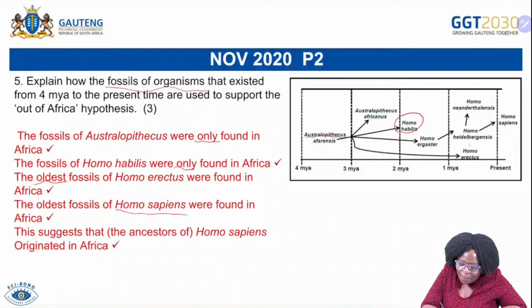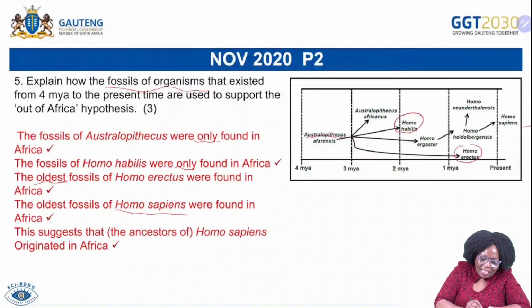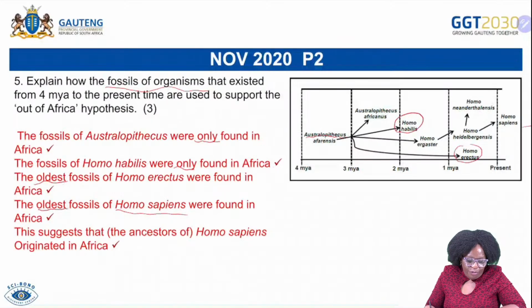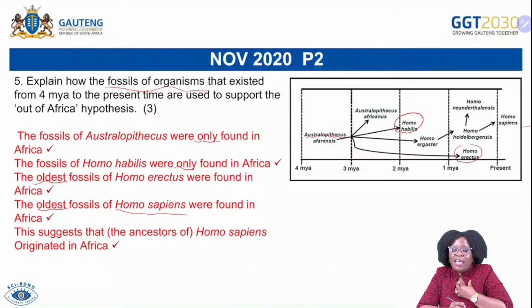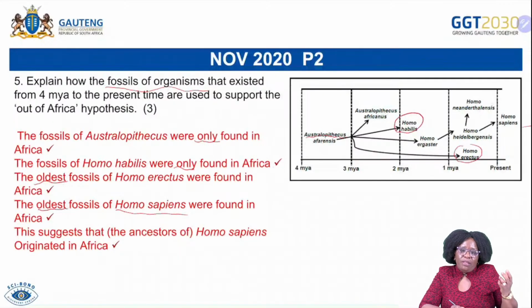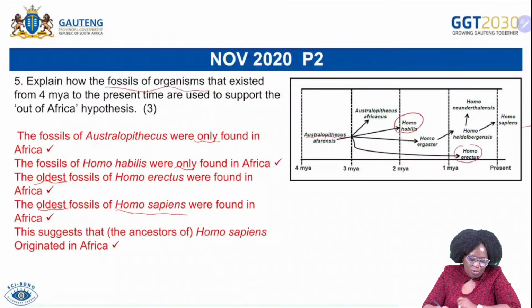Then we speak about Homo erectus, the oldest, and also Homo sapiens. Because if we say the fossils of Homo sapiens, the remains of the most recent ones, are found all over, not only in Africa, but the oldest. So for Homo erectus and Homo sapiens, remember to say the oldest were only found in Africa.